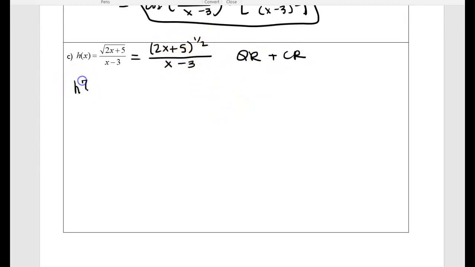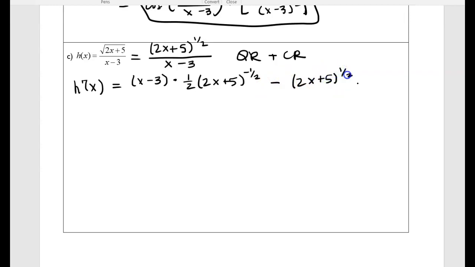So for my derivative, I'm going to take low, which is x minus 3, d high, derivative of the top, 1/2 times 2x plus 5 to the negative 1/2, minus high, 2x plus 5 to the 1/2, d low times 1, all over the low squared.